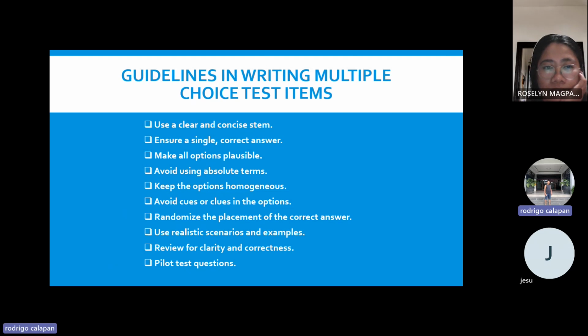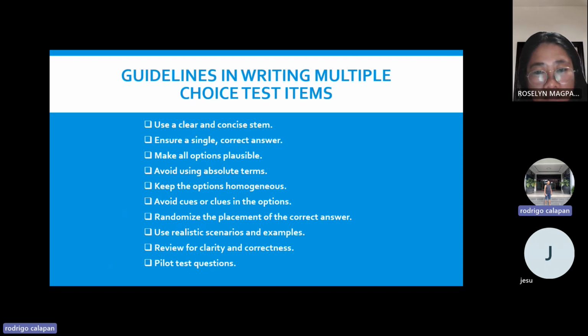Poorly written test items could be confusing, could be frustrating to our students, and somehow yield test scores that are not appropriate to evaluate their learning and achievement. So when we do multiple choice test items, we have to consider all these things.